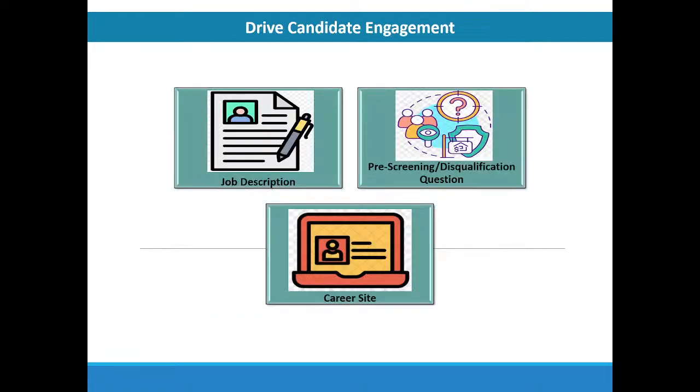Next, we have drive candidate engagement. As a part of driving candidate engagement, let us take a look specifically at how the hiring team identifies the talent needs of the organization and then structures a job description to advertise for the vacancy. So for that, first we have to define the job description.